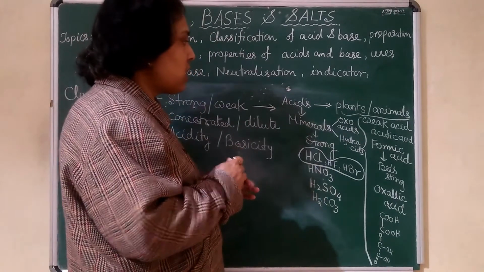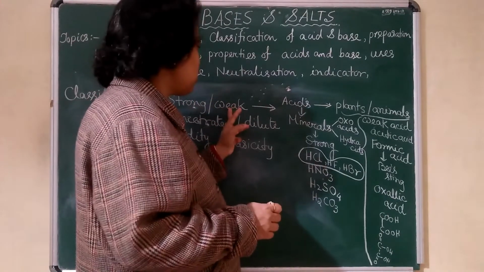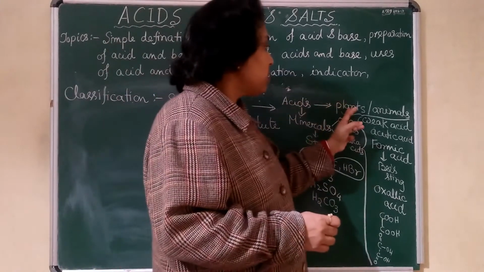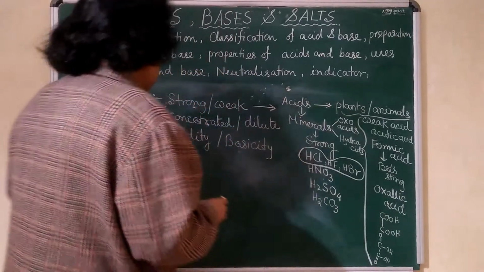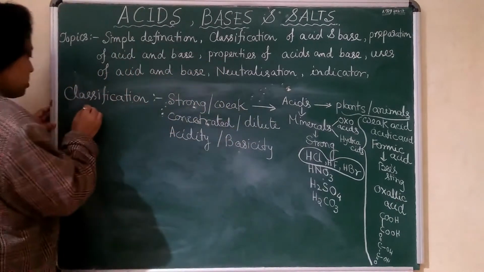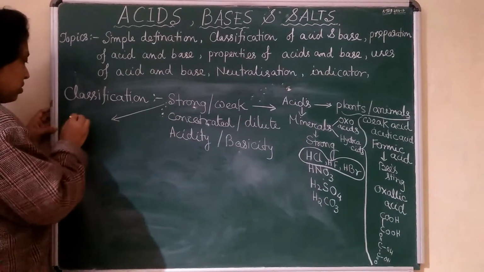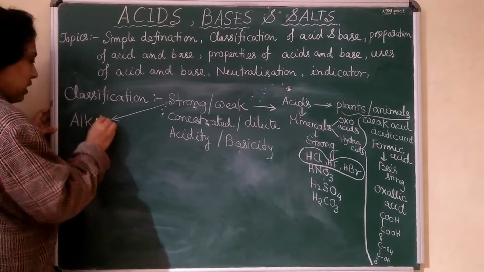So this way, the first classification we have done, strong acid, strong base. If it is a base derived from plants and animals, then it is called strong base. What is the meaning of alkali?